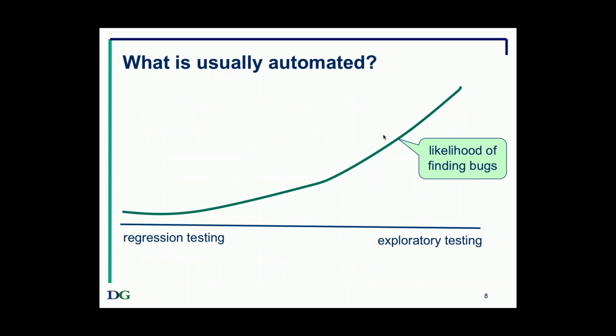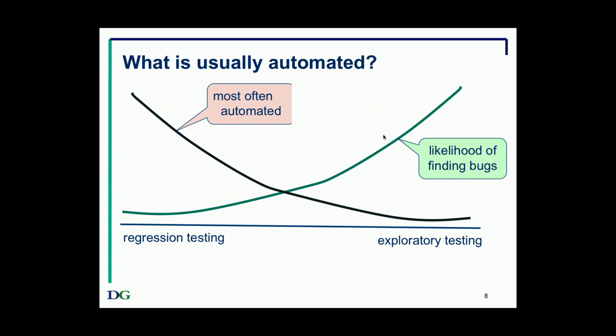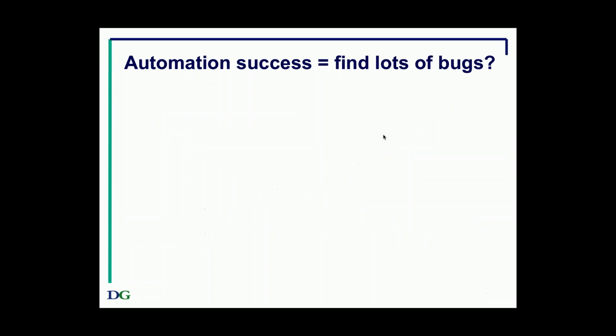And yet, what is it that's most often automated? It is regression testing. Now, this makes them more consistent, more reliable, and in fact makes them probably even less likely to find bugs. So thinking that the success of automation is to find lots of bugs is a serious mistake. It's the wrong goal for automation.